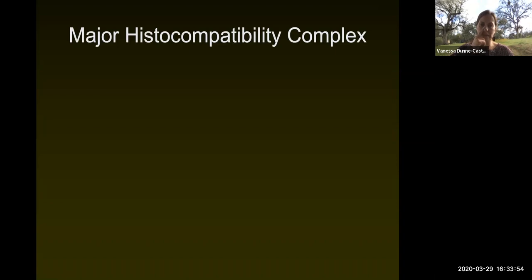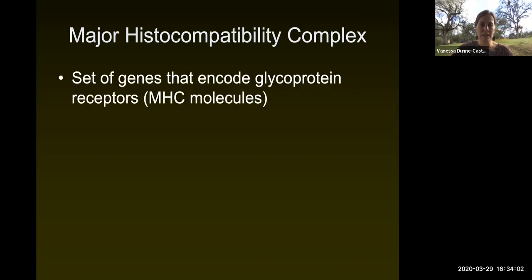Let's start here with the MHC complex and explain the concept of antigen presentation and self from non-self. So the MHC complex is a large set of genes that encode for a single glycoprotein receptor.